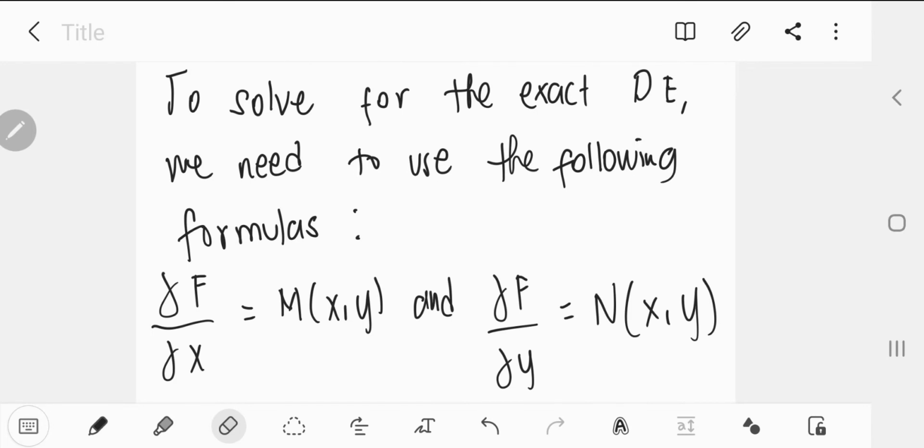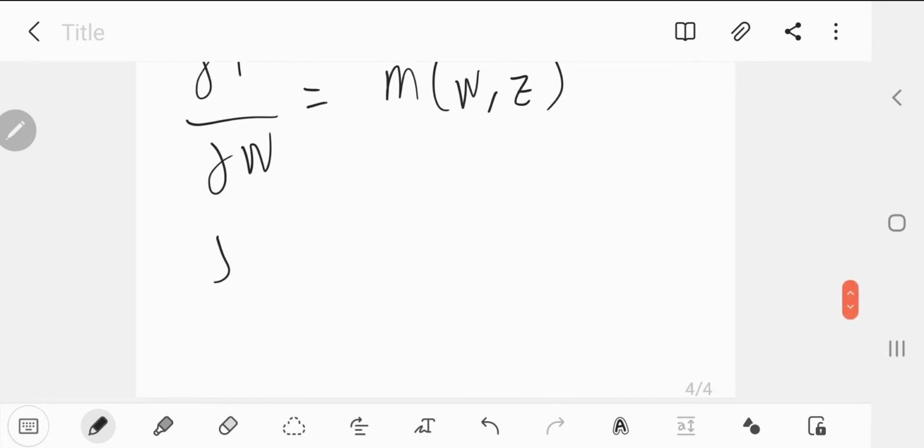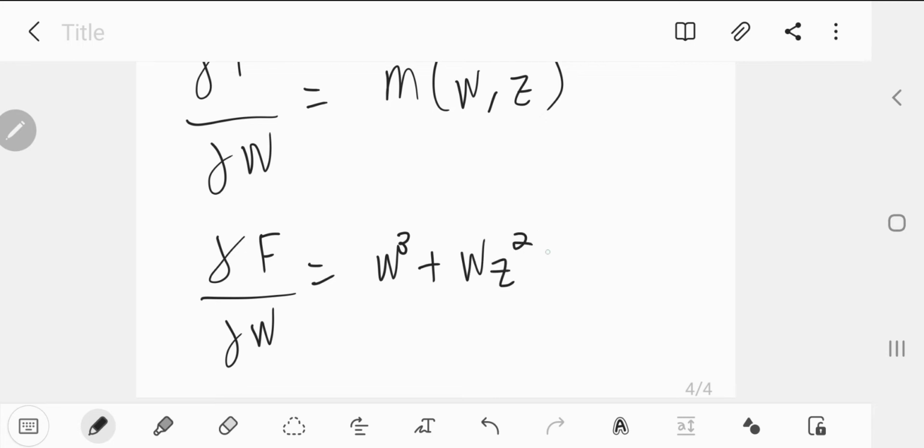And now let us proceed to the partial derivative of f with respect to w, which is equal to M, a function of w and z. We know that the value of M is w cubed plus wz squared minus z, so the partial derivative of f with respect to w is w cubed plus wz squared minus z.